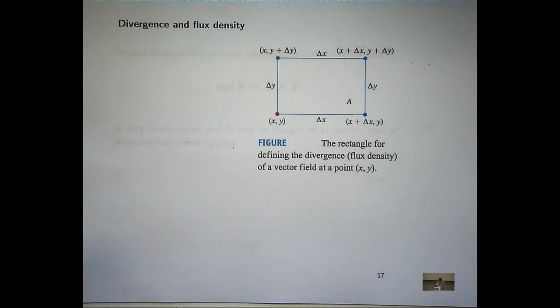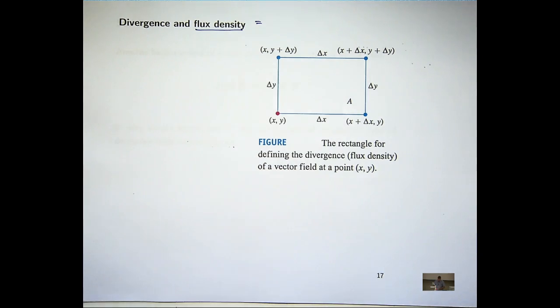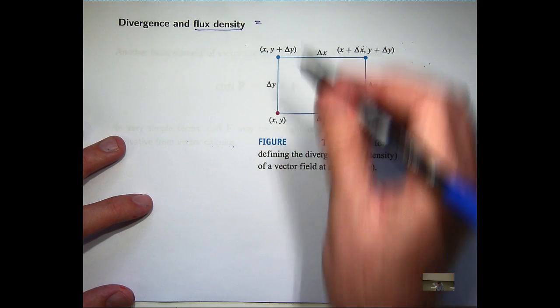Okay, we've looked at how to calculate the divergence, and we've got a little bit of geometric understanding of the divergence, but what I want to do now is discuss the idea of relating the divergence with flux, the so-called flux density. When I'm talking about flux density, suppose I've got some rectangle here.